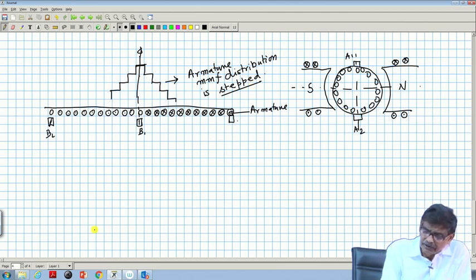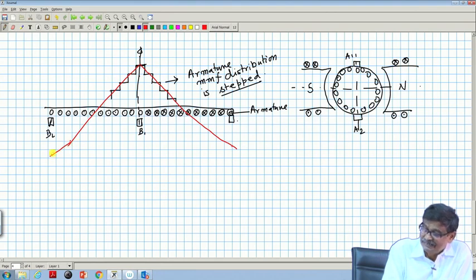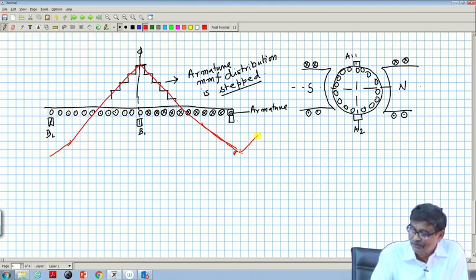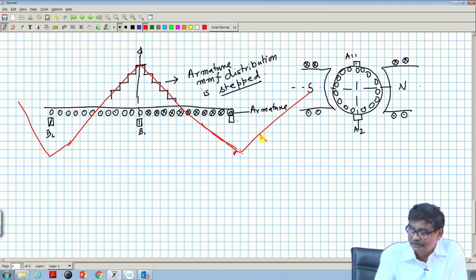and if there are a number of coils, so that the distance between two consecutive slots is very small, that is, a uniformly distributed coil, this can be approximated as straight lines. Why not? Armature MMF, I can draw it like this. This is an approximation.